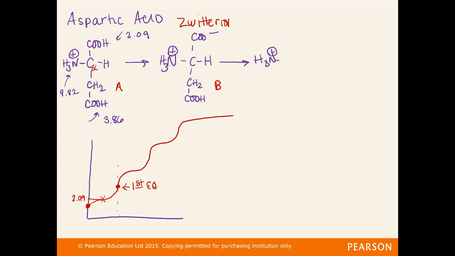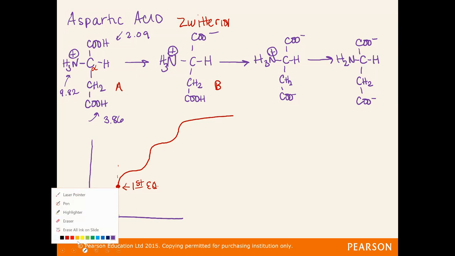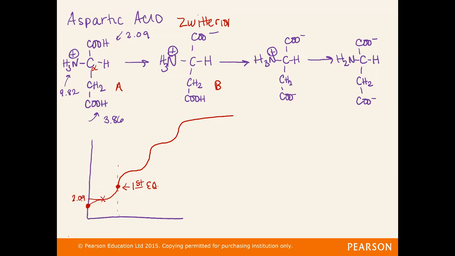Because it's at 3.86, so that guy's up next for deprotonation as we increase the pH. Okay, and then the last one to deprotonate is the amino group. Okay, so now we're going to have structure C and structure D.